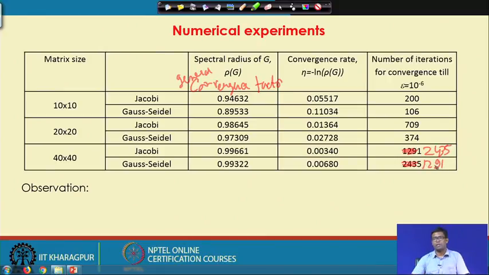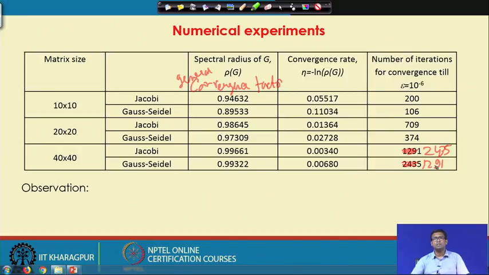Because the spectral radius is very close to 1, we need a very large number of iterations, 2435 here, and in Gauss-Seidel it is also high, about 1200 iterations. So, as the spectral radius increases, we also need a larger number of iterations.